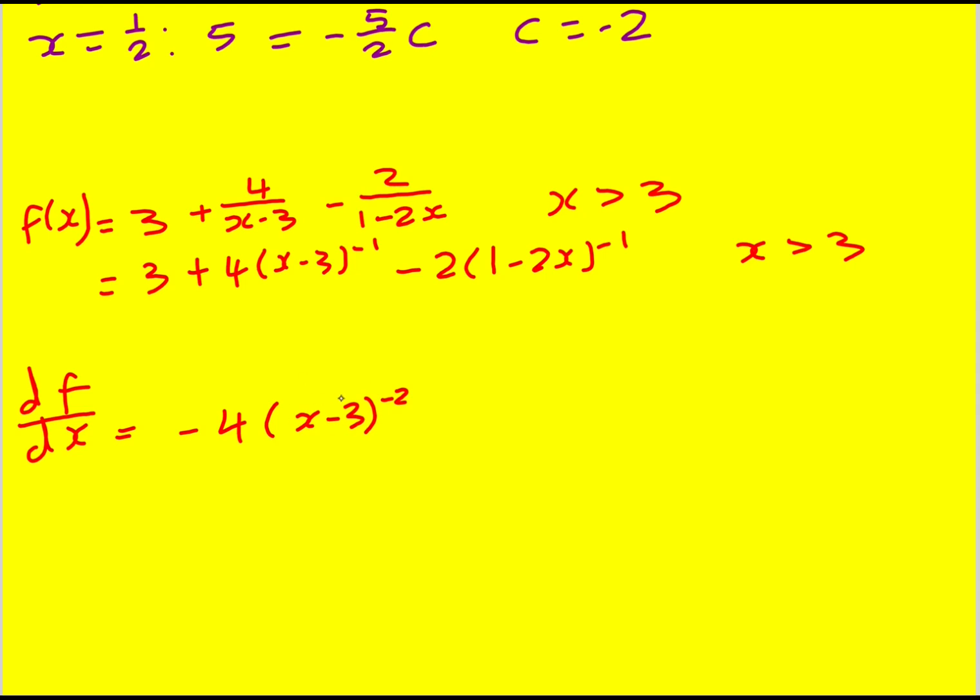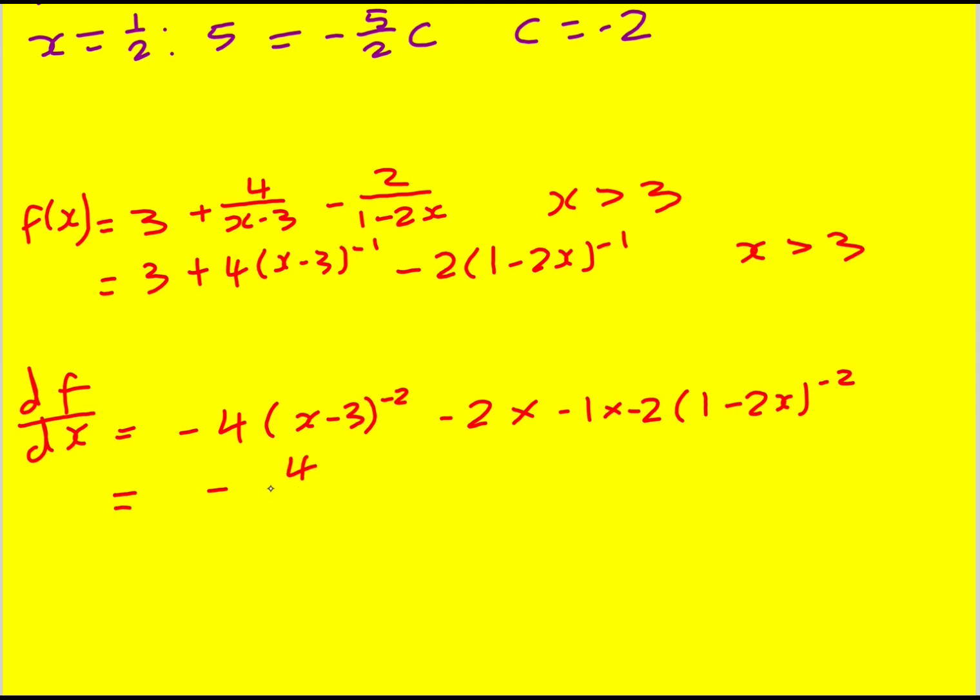When I differentiate the inside, I just get 1, so I don't need to do anything else with that. And then over here, I'll get minus 2 times, then I'll bring the minus 1 down and make it 1 minus 2x to the minus 2. But then I also need to times by the derivative of the inside, which is minus 2. I've actually got 3 negatives here.